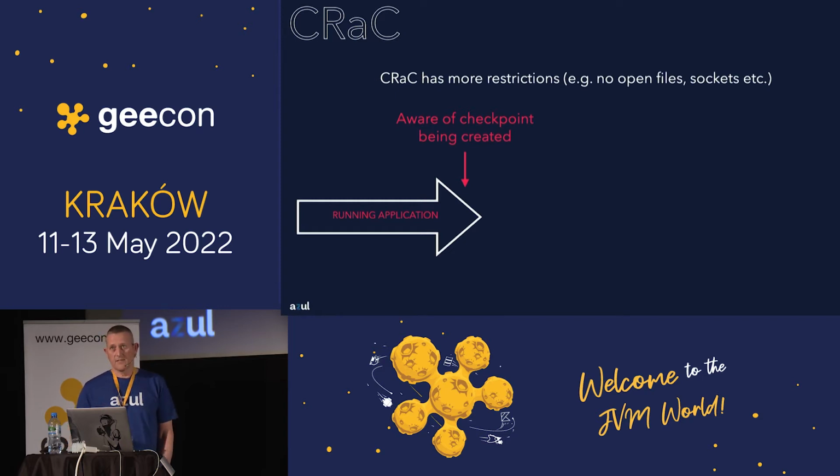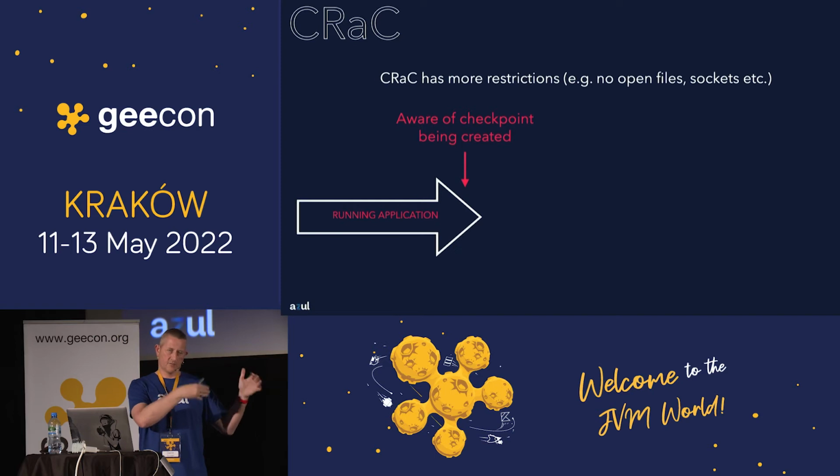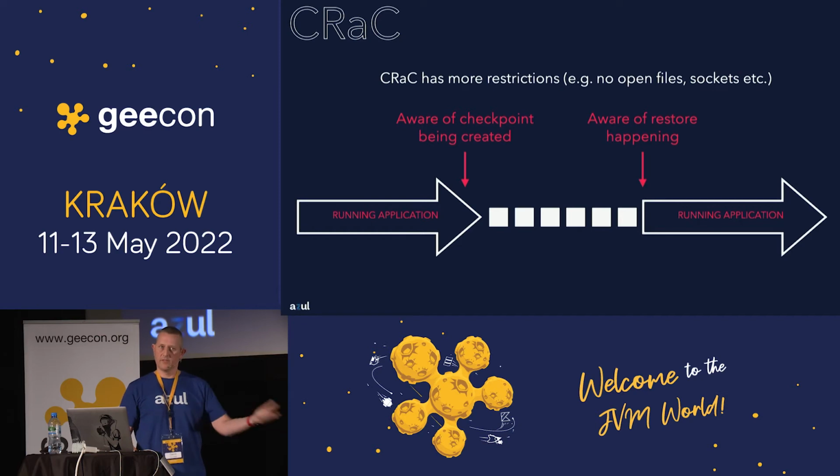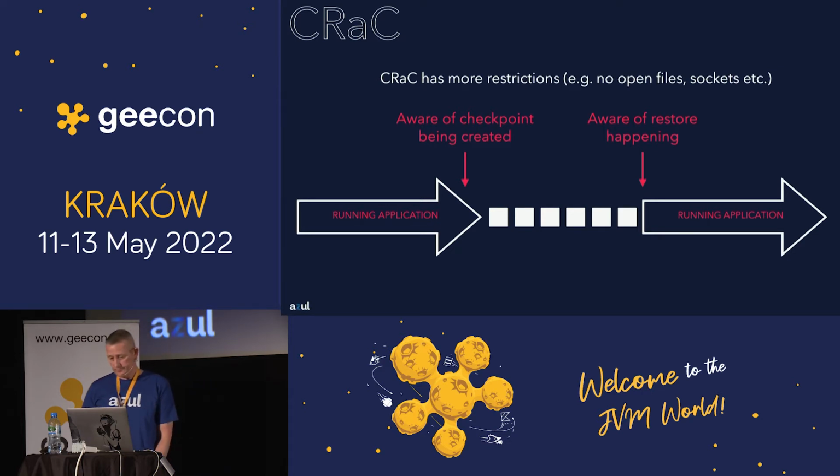So if you stop the running application, the application needs to know, I will be checkpointed, right? And once you restart it or restore it from that checkpoint, you also have to let the application know, now you will be restored from a checkpoint. So you need to be aware of that.